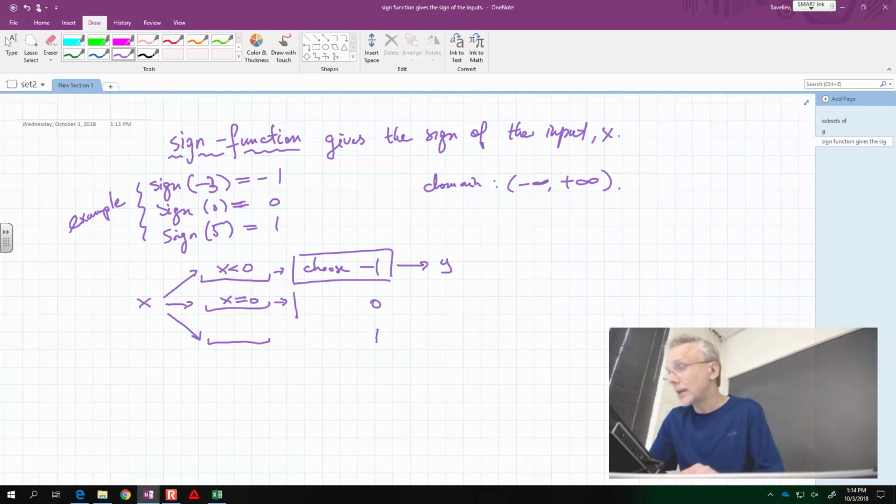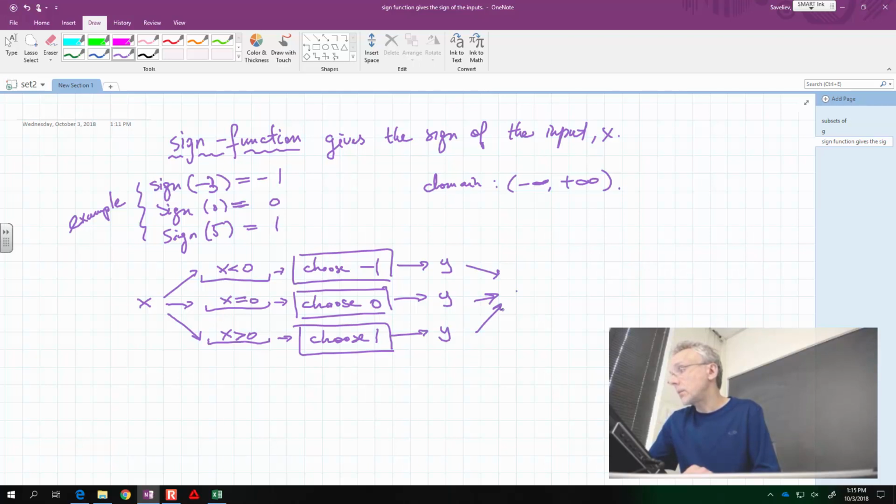You don't need x anymore because x only tells you which road to take. You choose 0, and the outcome is y. That's your output. And the third possibility is whether x is positive, and then you choose 1 in that case. That is y, and then you merge these together, and you have your output.